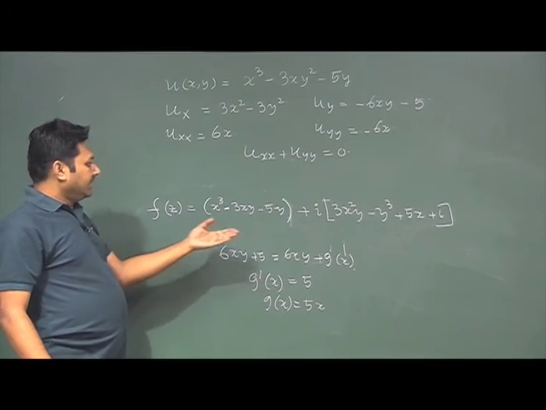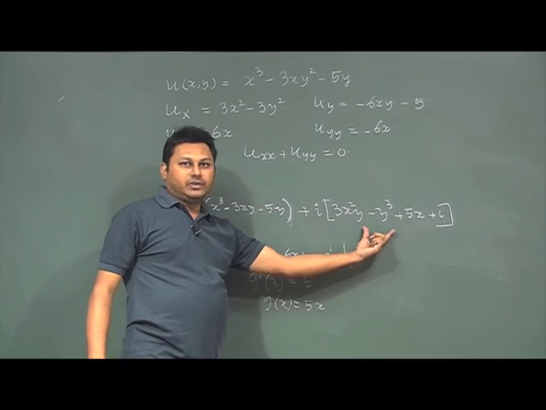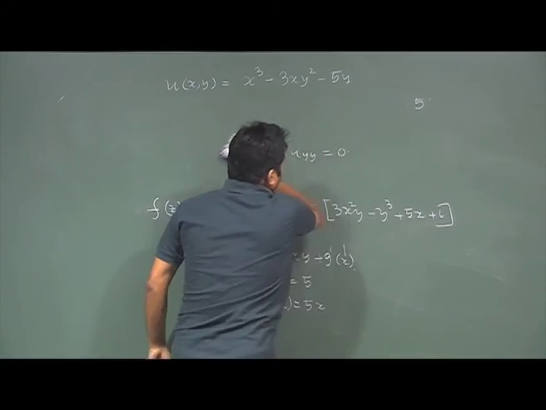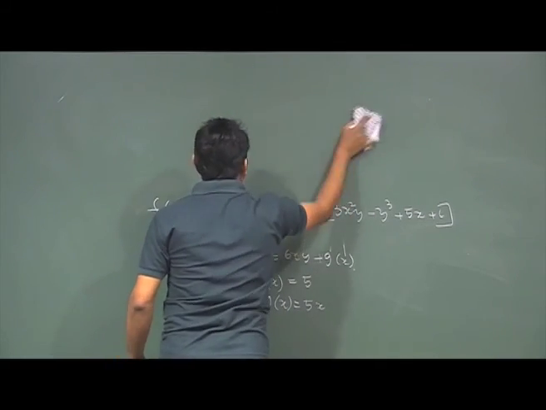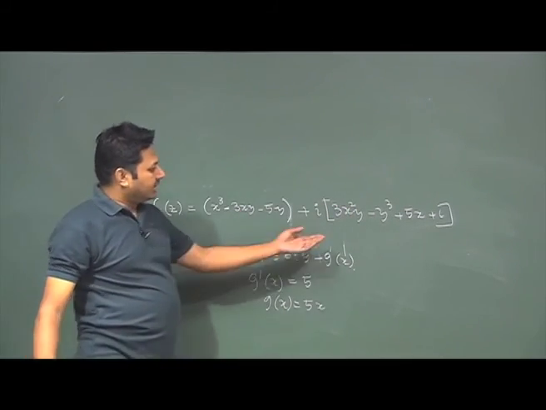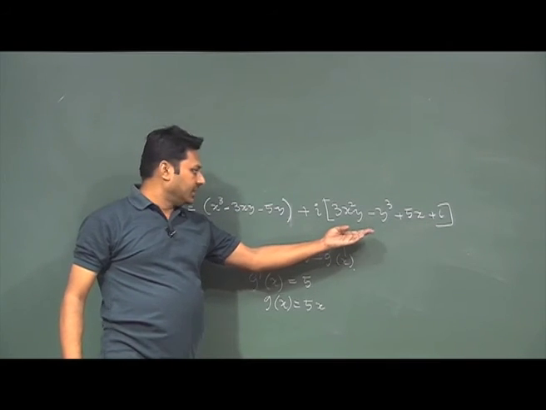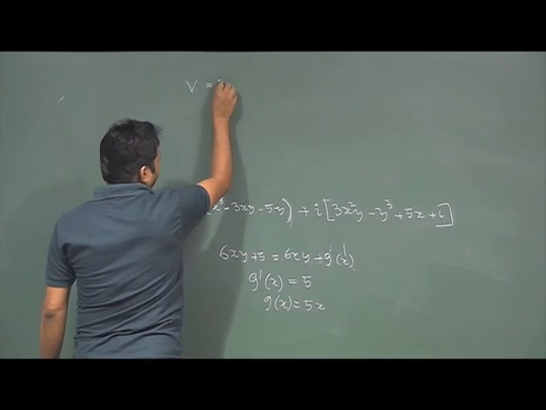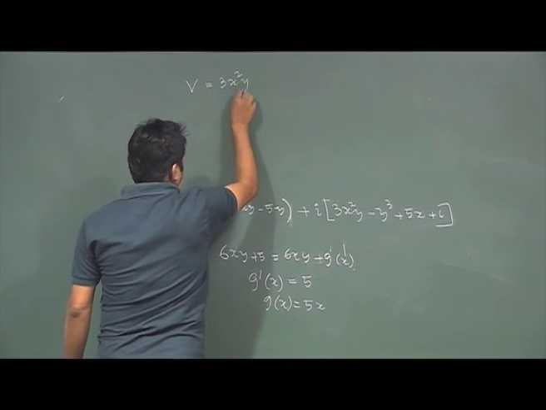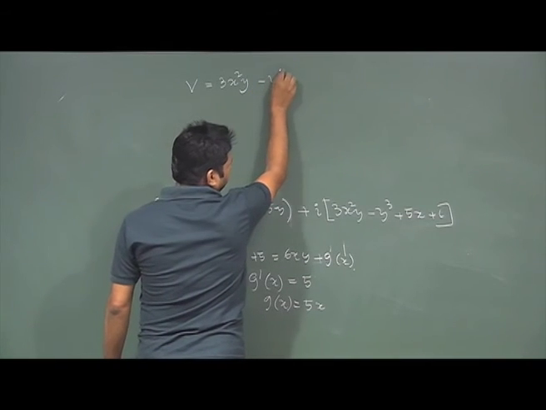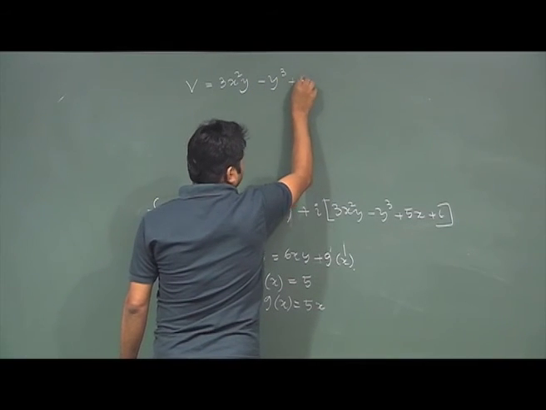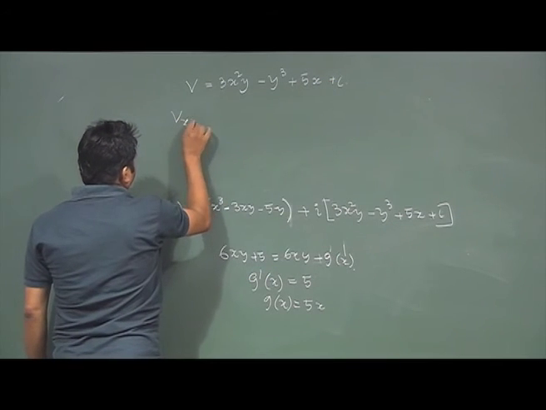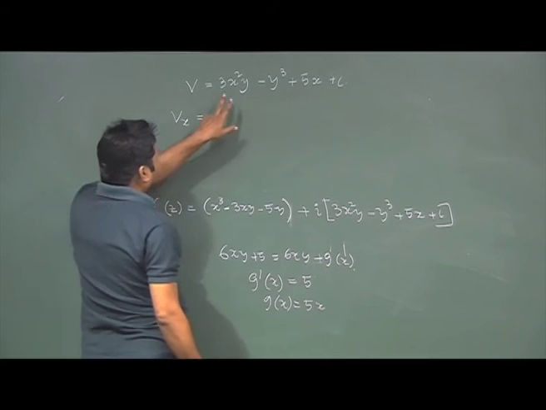Now, if this is analytic, then v should also be harmonic, and you can take it as homework to figure out whether this v is. So, let me do that. v here is 3x square y minus y cube plus 5x plus c. So, v_x is the derivative with respect to x.